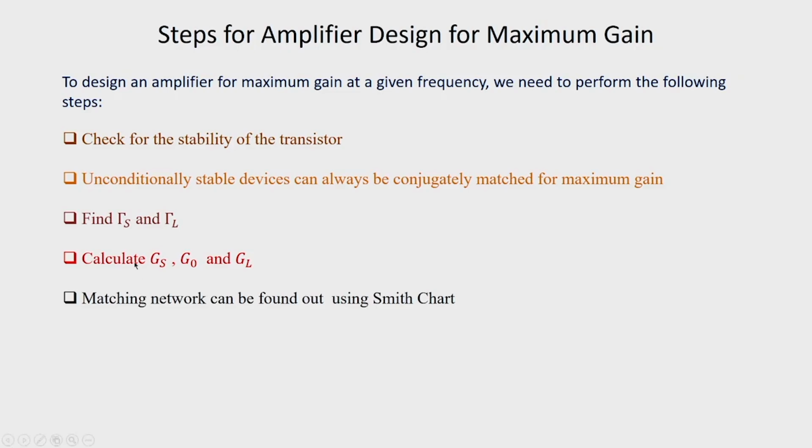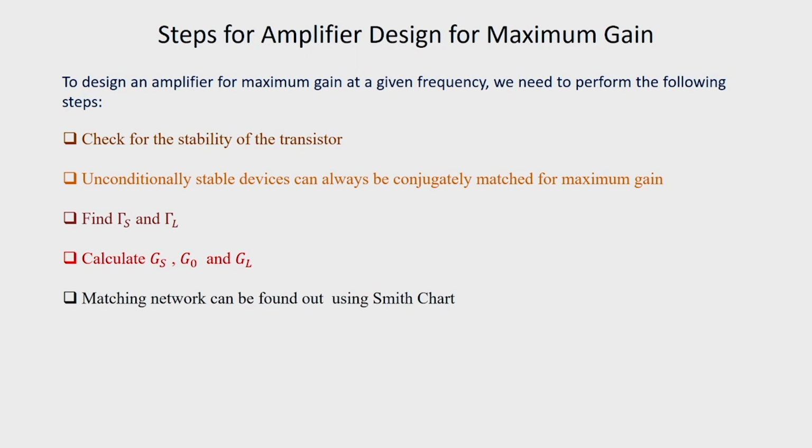And since we know gamma S and gamma L, we can design the matching network using the Smith chart by transforming Z naught by the appropriate matching network.